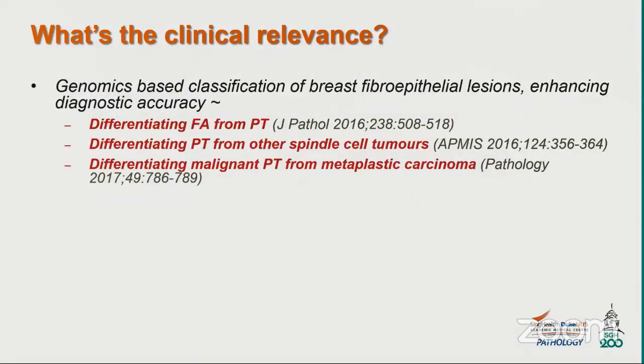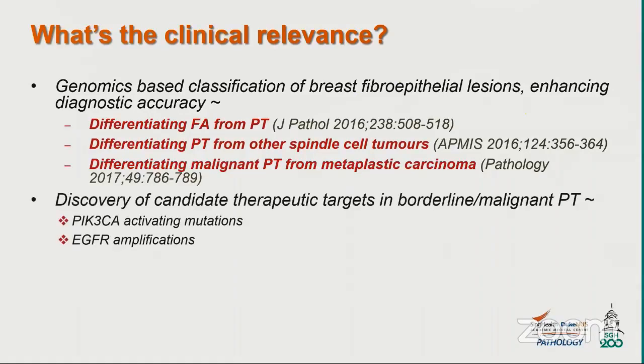What's the clinical relevance? Firstly, a genomics-based classification of breast fibroepithelial lesions is possible, enhancing diagnostic accuracy, for instance, differentiating the fibroadenoma from phyllodes tumor, the phyllodes tumor from other spindle cell tumors, malignant phyllodes tumors from metaplastic spindle cell carcinoma.